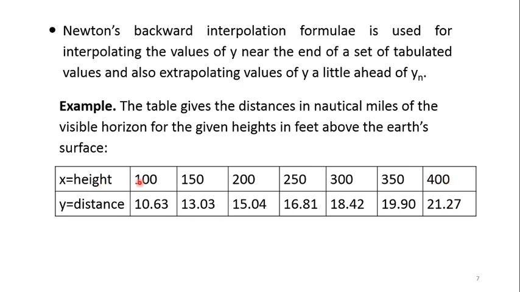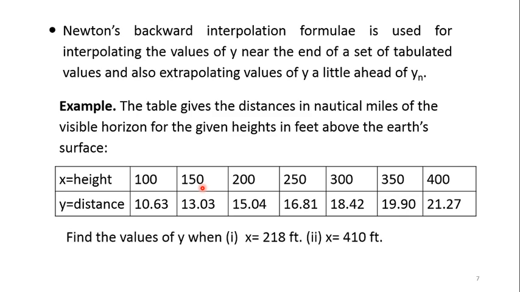So here the values of the independent variable are equispaced, so that you can apply the forward difference formula or backward difference operator formula. And then the examiner asks you to find the value of y when x equals 218 feet and x equals 410 feet.